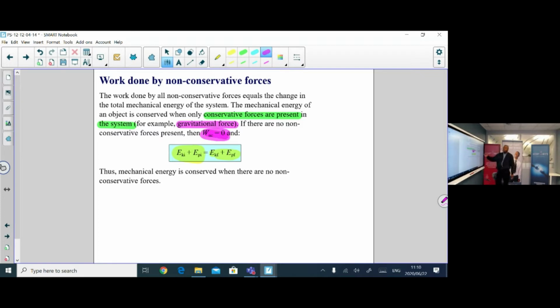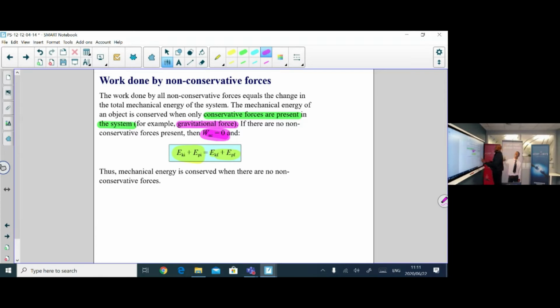Here I tried to explain earlier that at each and every point we are going to come across the initial kinetic energy and the initial potential energy. If you add them up, you're going to get the mechanical energy, whether it is horizontal or vertical. We are going to have initial and final of these energies, kinetic energy and potential energy.